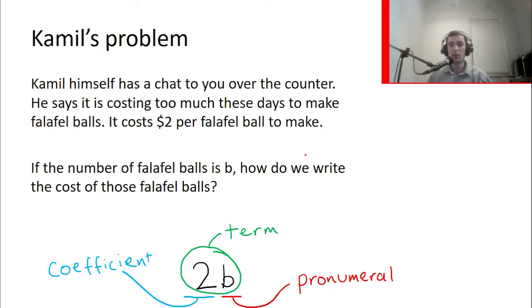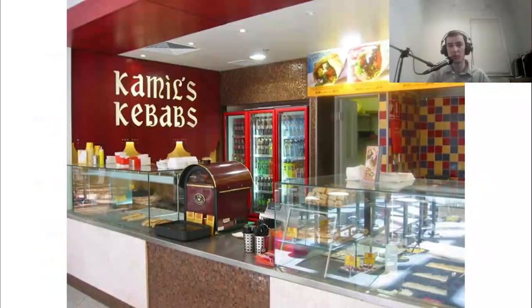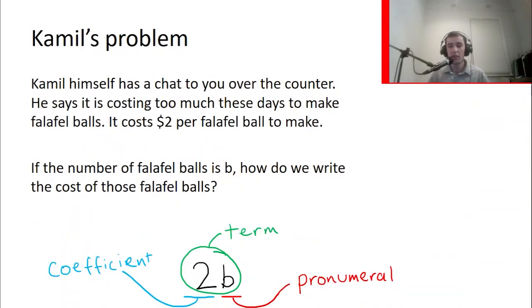So I just want to remind you of the situation that we found ourselves in last time, which is talking to Camille from Camille's Kebabs. This may or may not be a real situation. So he talks to you over the counter. He says it's costing too much these days to make falafel balls, and it costs $2 per falafel ball to make.